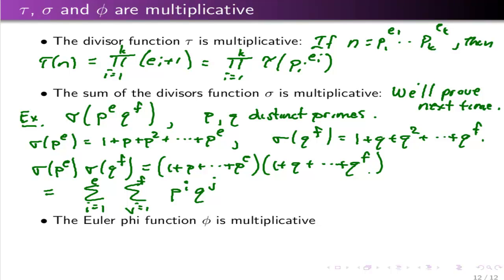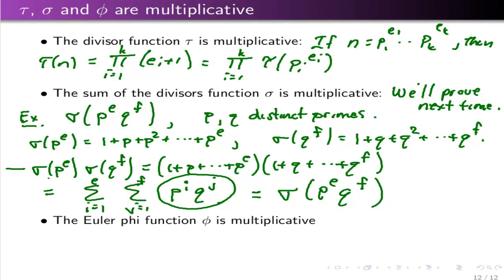But look what we're adding up here. This represents a typical divisor of p to the e times q to the f. And so we are simply adding up all of the divisors of p to the e, q to the f. And so we're getting the multiplicative property. Sigma of a product is the product of the sigmas.